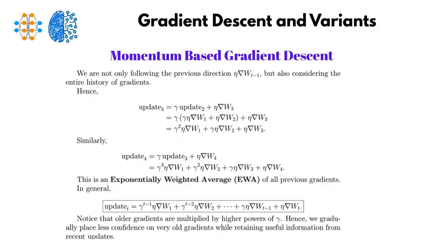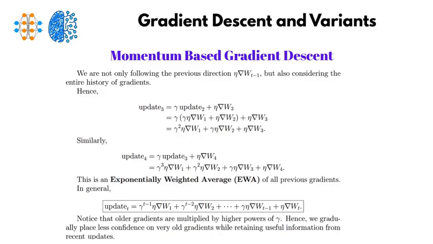From the previous slide, we know update 2 contains the first and the second gradient. So when you substitute update 2 into this equation, we obtain update 3 equals gamma squared multiplied by eta multiplied by gradient 1 plus gamma multiplied by eta multiplied by gradient 2 plus eta multiplied by the gradient of w3.